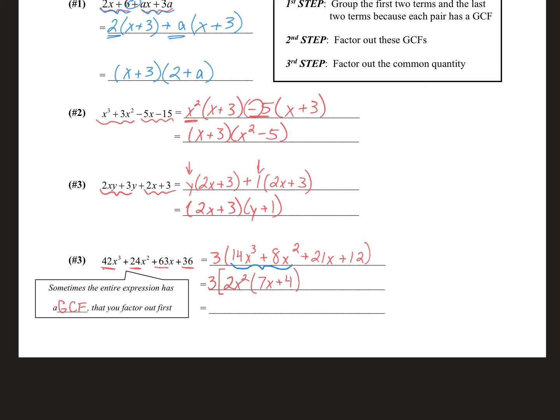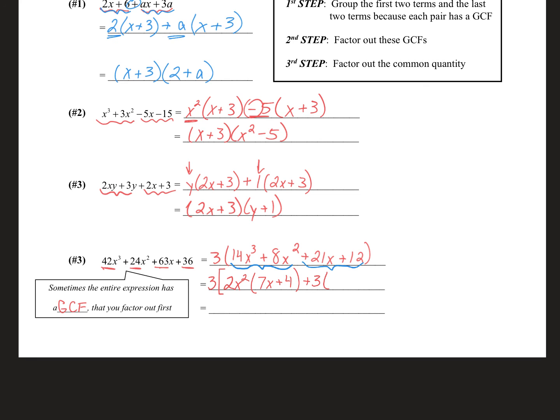Now I'm going to take a look at the third and fourth terms in my polynomial and find the greatest common factor there, for 21x and 12. Because 12 doesn't have a variable attached to it, I know it's just going to be a whole number, no variable. It looks like the greatest common factor here is going to be positive 3.